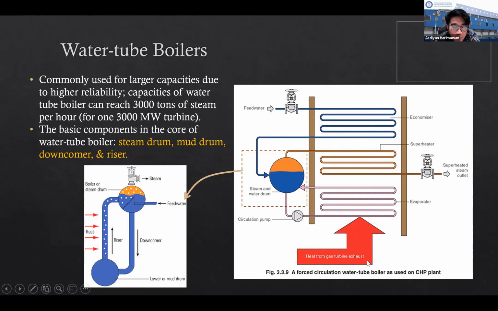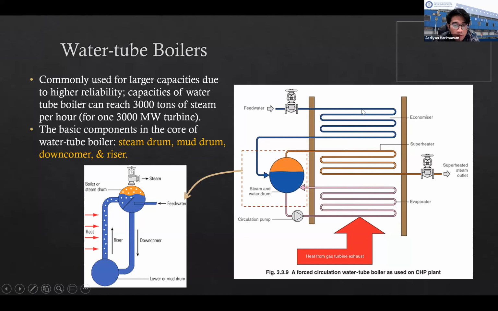When the gas flows up, the temperature of the gas will basically reduce, right? So the temperature at the bottom part will be higher than the middle part and the top part. So in the top part, the lower temperature will be used to preheat the feed water. We call it the economizer.